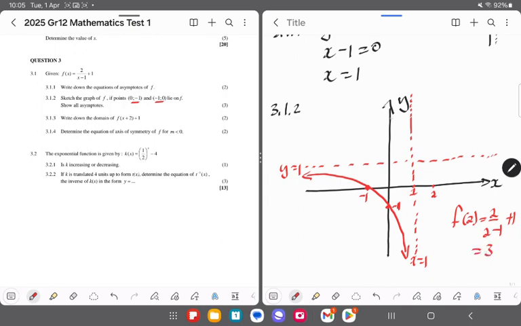So (2, 3). So we can have another point there. So it means our hyperbola will look in this fashion. So we know this is (2, 3).